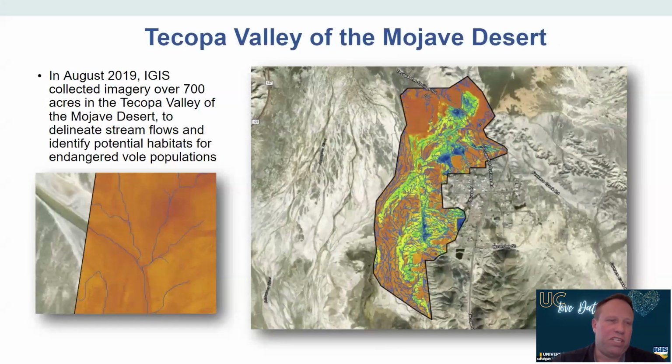Another study that was similar to this, conducted in the Tacoma Valley, just south of Death Valley. This area did similar flights and was kind of a challenging project because it was really hot out there that day. But you can see an example of that stream delineation that was conducted.